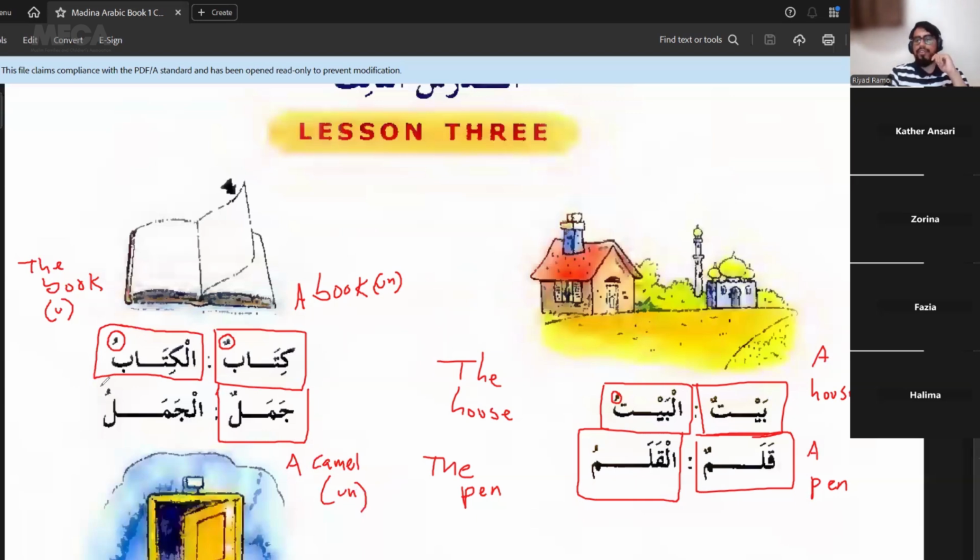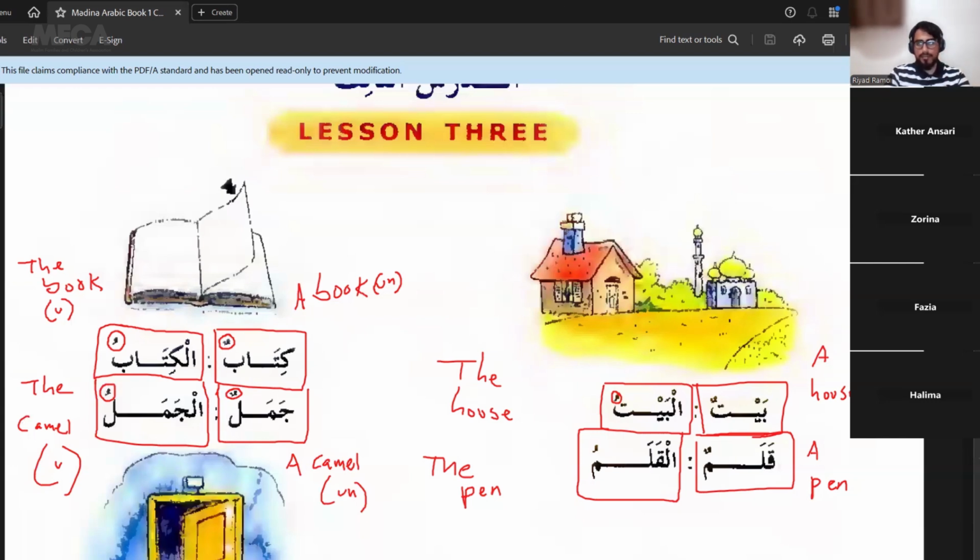Now, how do I say the camel? Al-Jamalu. It's easy. Al-Jamalu, the camel. Very good. Jamalun, a camel. Al-Jamalu, the camel. Very, very good.